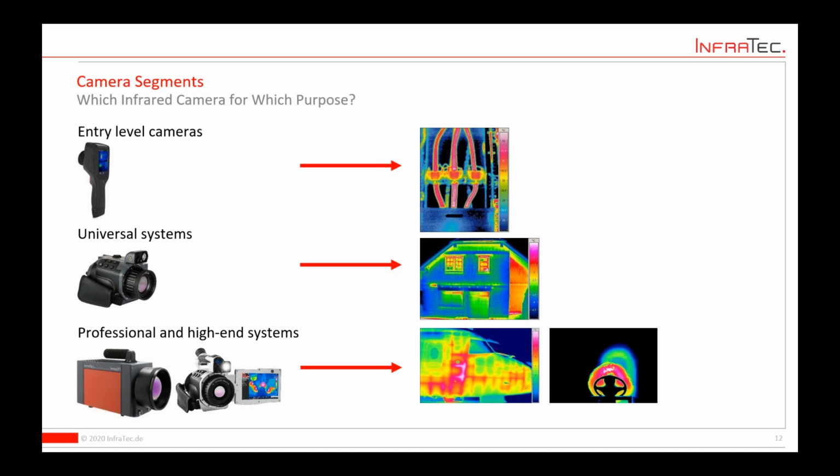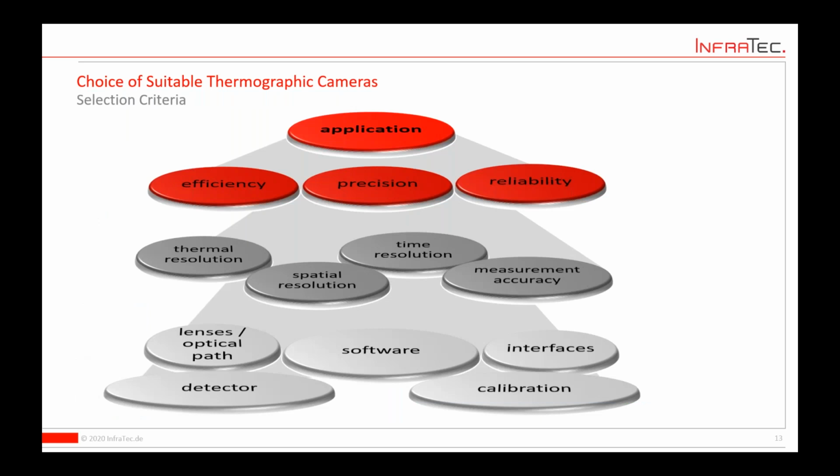Materials testing, for instance, is an application for this. But with these different segments come different price levels, of course. But I have to disappoint you at this point that we will not talk about the budget so much here.